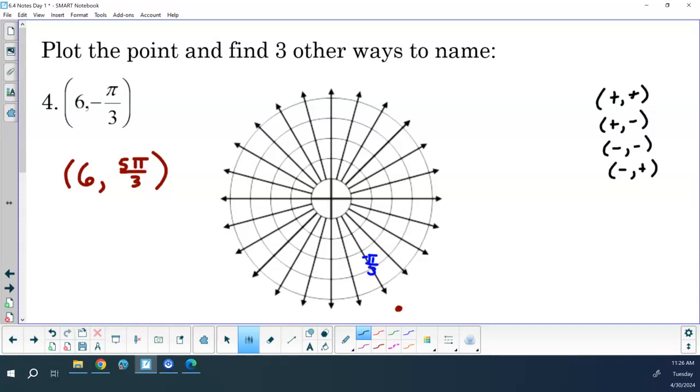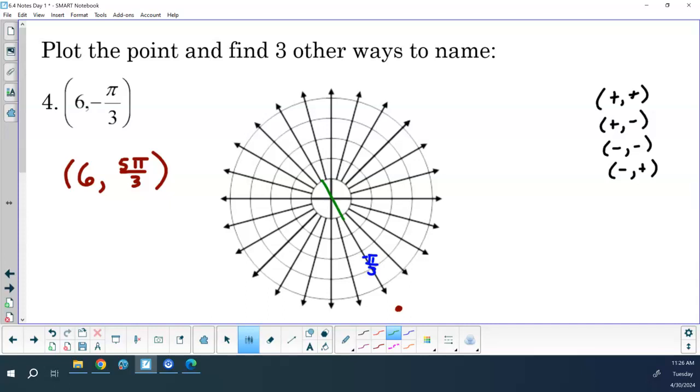So that means I need to get onto this ray right there. Yeah.